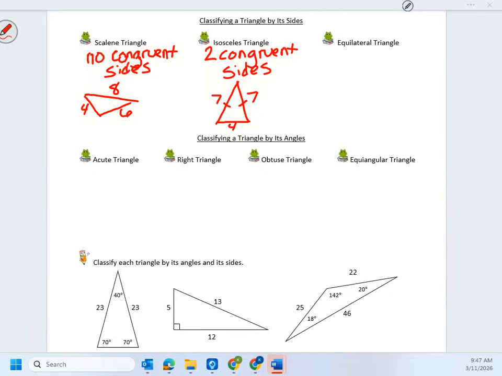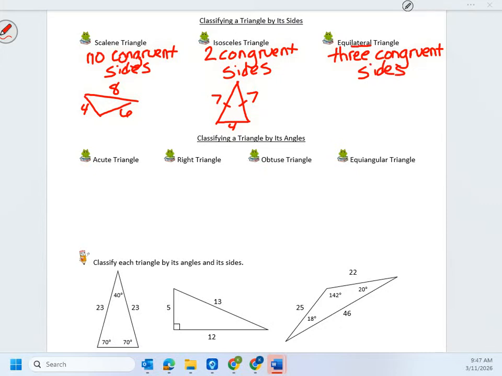Okay, so scalene, none of them are congruent, all different numbers. Isosceles, two sides are the same, one is different. What about an equilateral triangle, Alex? They're all the same. All three congruent sides. They are all the same length.